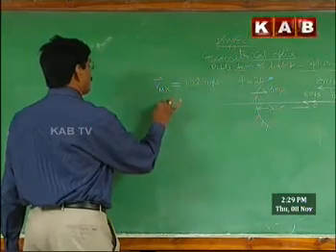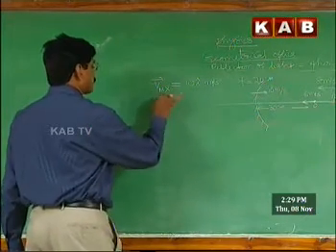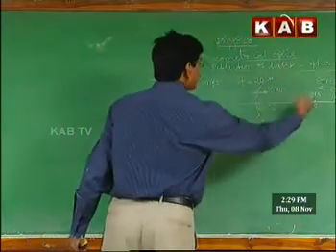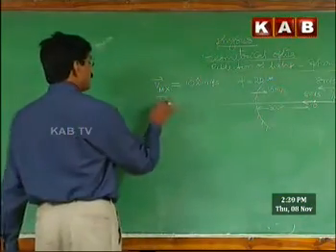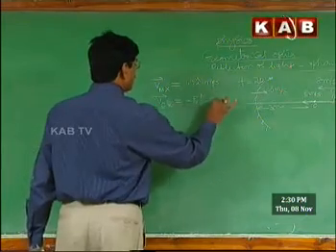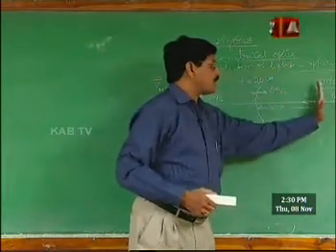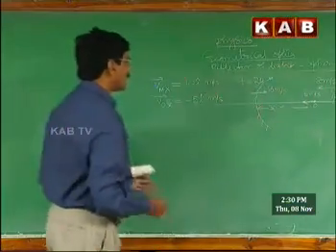Similarly, the velocity of the object with respect to the ground reference frame is Vox equal to minus 5 i meters per second, because the x-axis is this side and the object is moving towards the left, the negative x-axis.